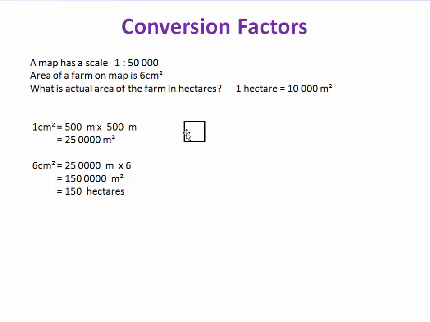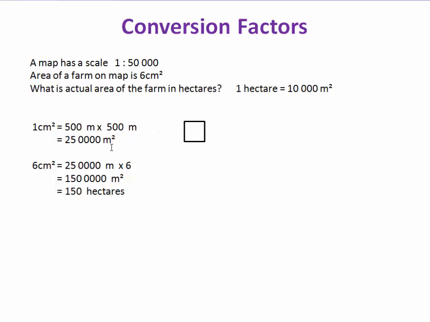So 1 centimeter squared on the map is 500 meters times 500 meters in real life, which is 250,000 meters squared. Quick check on that: 5 times 5 is 25, and 1, 2, 3, 4 zeros. So that's right. So a centimeter square on the map is this many meters squared.